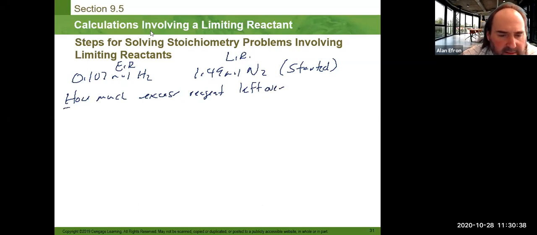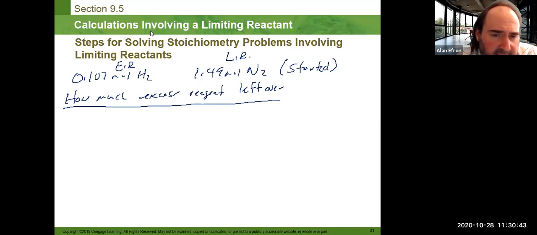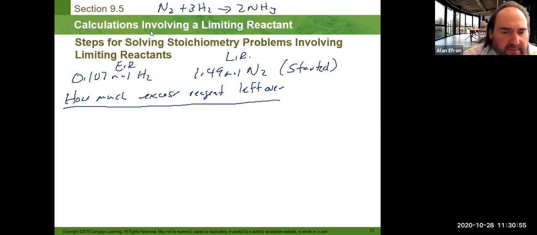we would need to do a little calculation between our nitrogen and our hydrogen here. If you remember, this was our equation that we were dealing with. Since we already determined that this nitrogen is our limiting reagent, we want to figure out how much of our H2 we need to put in there to completely use it up. So it's just a simple little calculation.